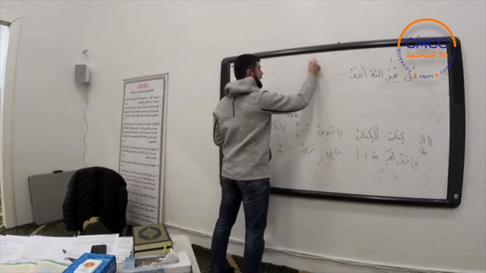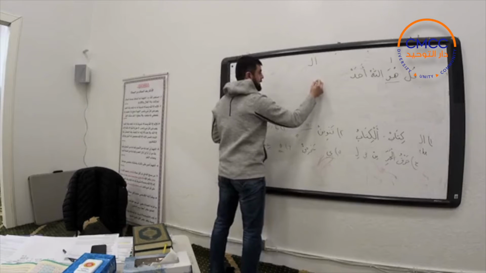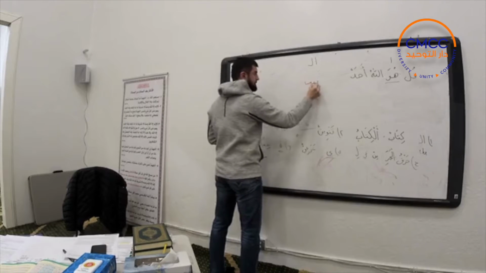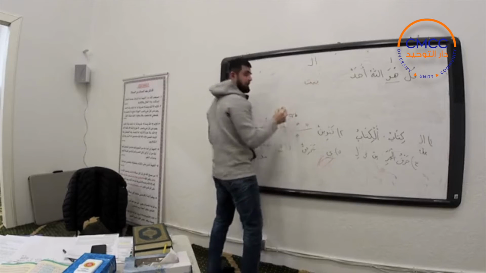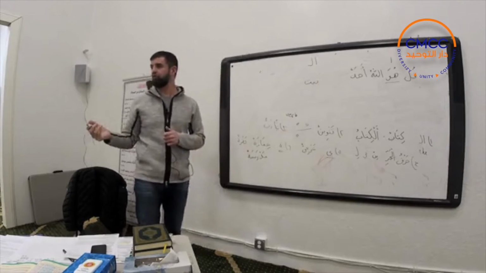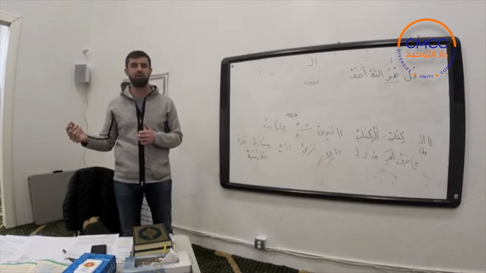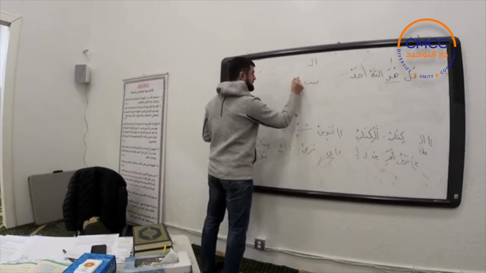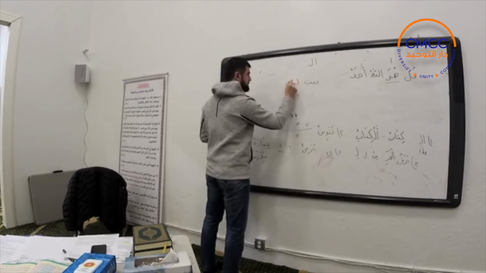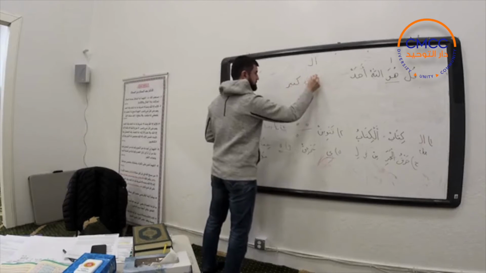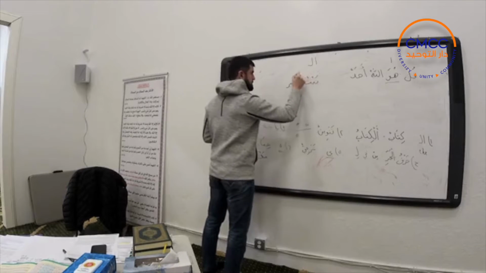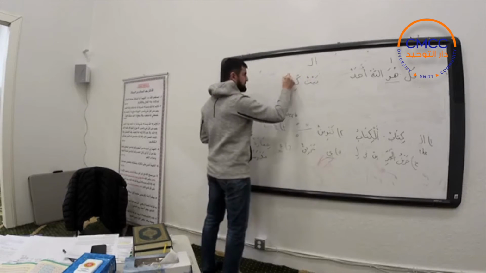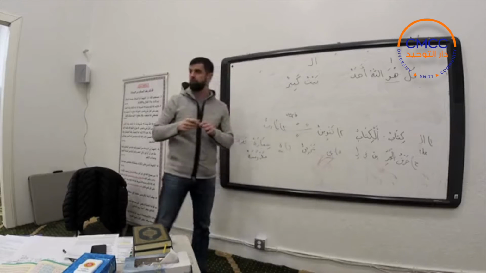So we're talking about al right now, okay? So Baytun, right? And how do you say big? Does anybody know? Exactly, kabir. Baytun kabirun. Okay?